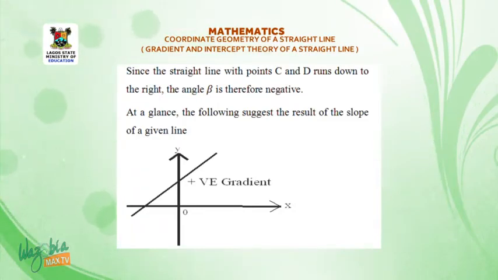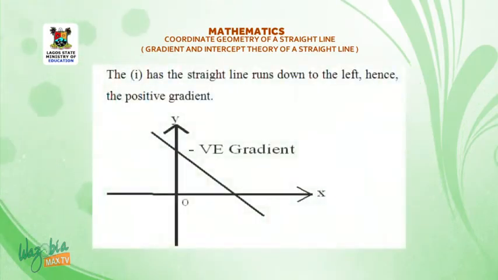At a glance, the following suggests the result of the slope of a given line. In the diagram above, Roman figure 1 has a straight line that runs up to the right, hence the positive gradient.